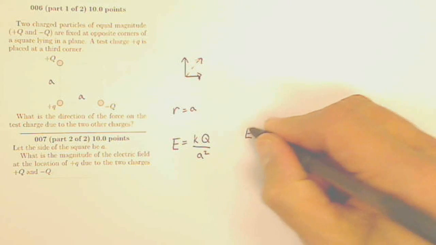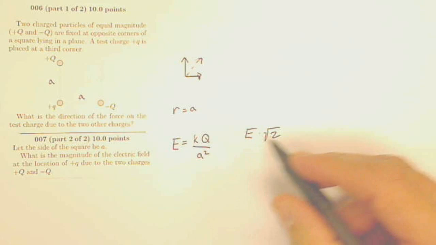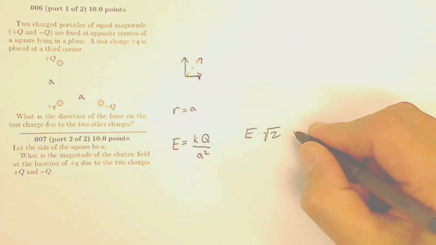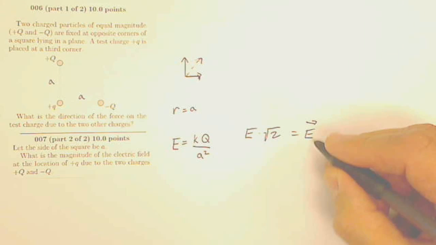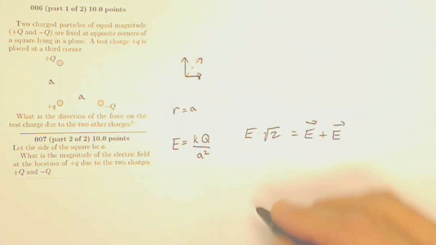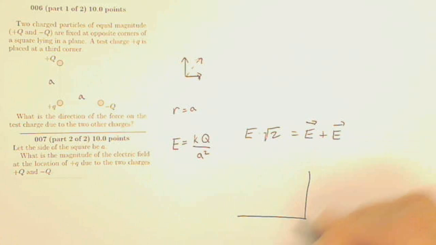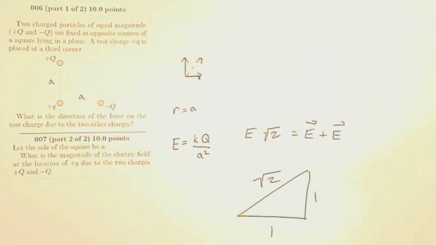So if I do E times the square root of 2, that's going to give me the resulting electric field from my E vector, I'll draw a little arrow meaning this vector, plus my other electric field vector. So when I do that on a right triangle, if this were 1 and this were 1, then this side would be square root of 2, because 1 squared plus 1 squared is 2.